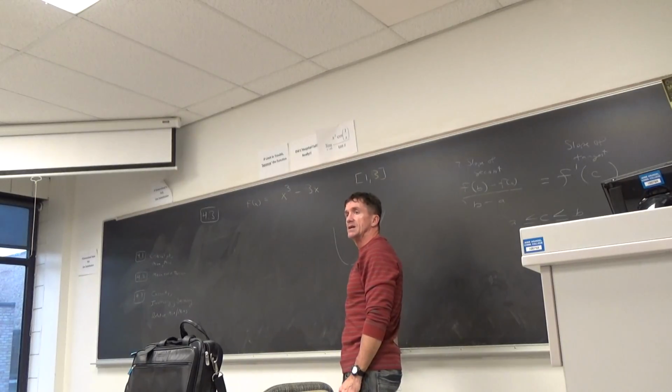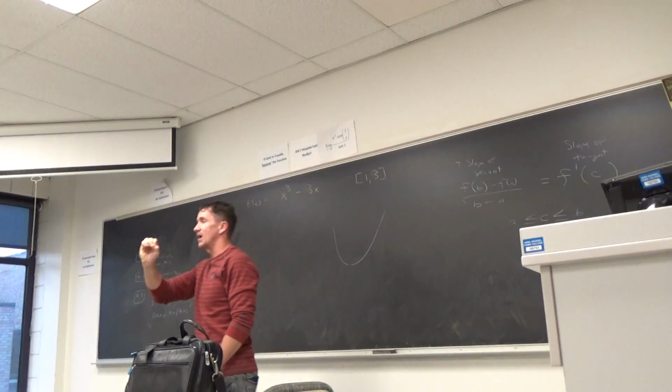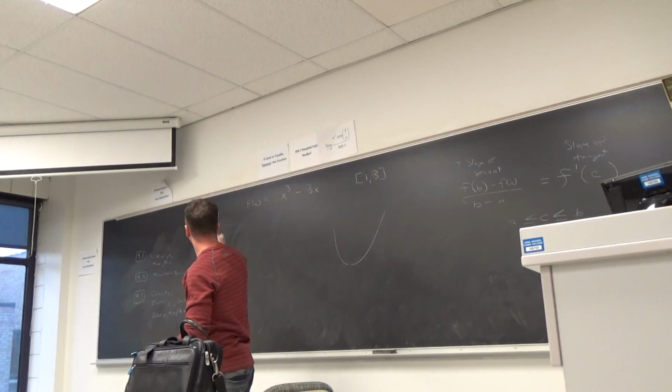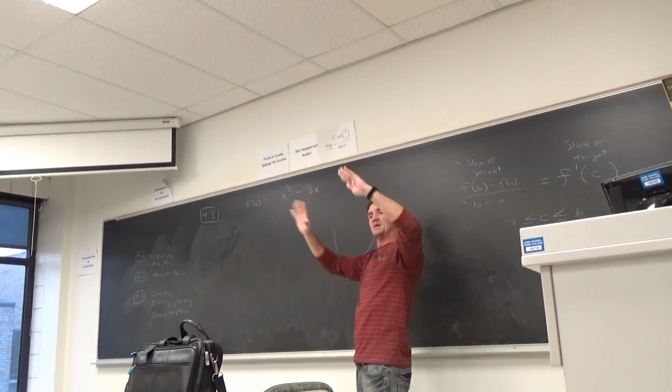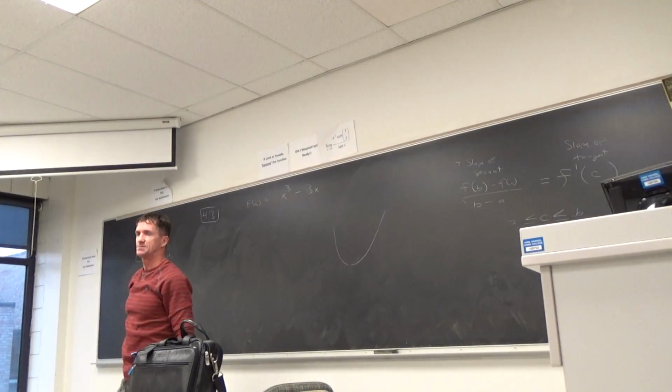Remember, we find max and mins by taking the first derivative, setting it equal to 0, and solving for x. Those are called the critical points. So we're going to look at these relative max and mins.